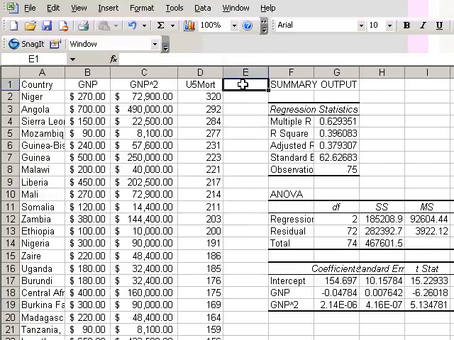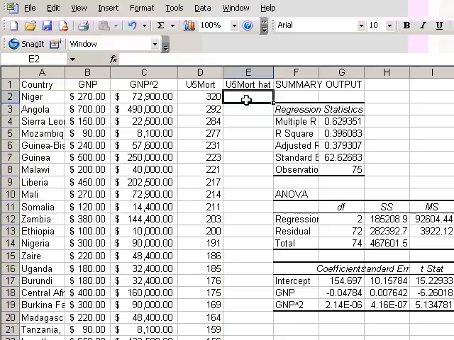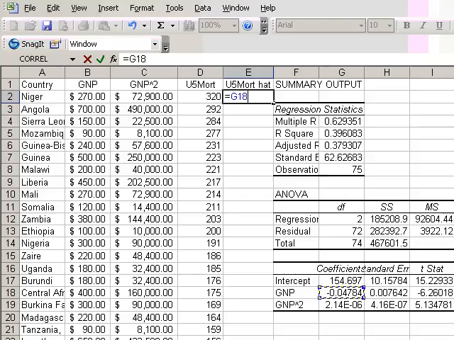Here we're going to have U5 mort hat, and now the predicted value of under 5 mortality will be equal to the coefficient for GNP, fixed with an F4, times GNP, plus the coefficient of GNP squared, fixed with an F4, times GNP squared, plus the intercept, again fixed with an F4.